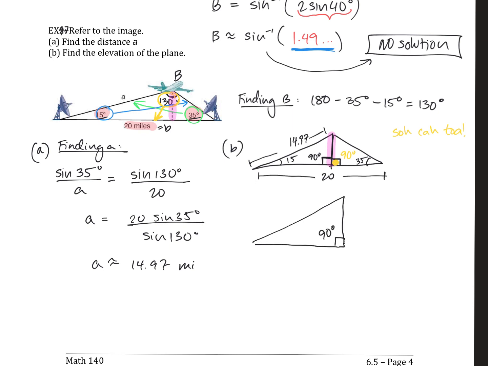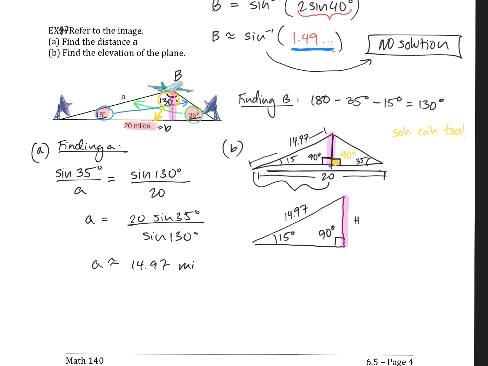We're trying to find this length here. And what else do I know? I know that this is 14.97. Anything else that I know? I can't use 20 because 20 includes this whole length, so we don't know what this section is here. But I do know that this is 15 degrees. And I'm trying to find this value here, which I will call h for height.